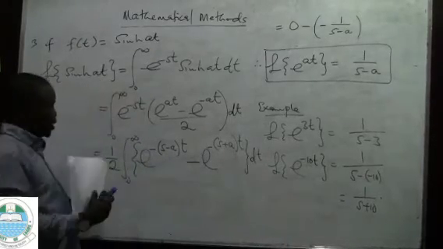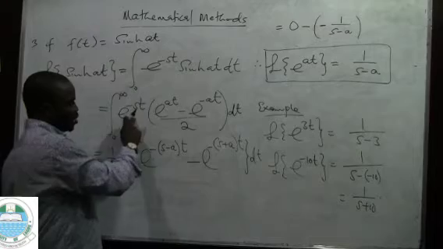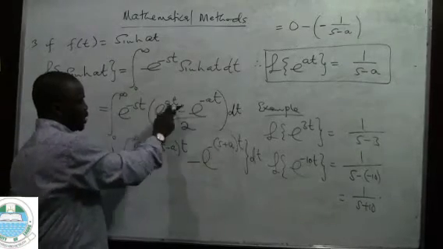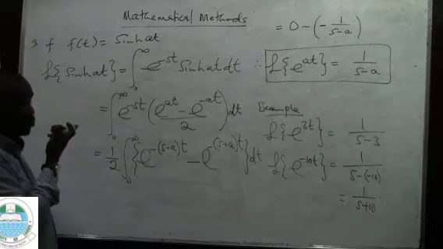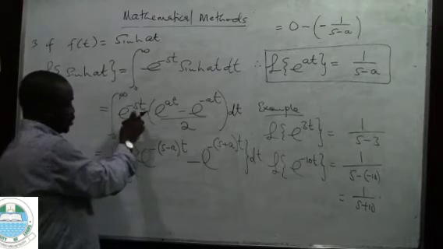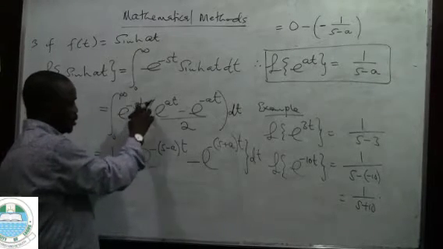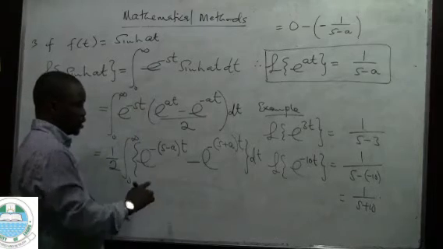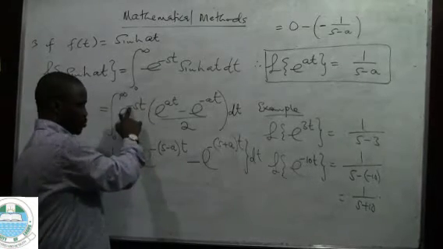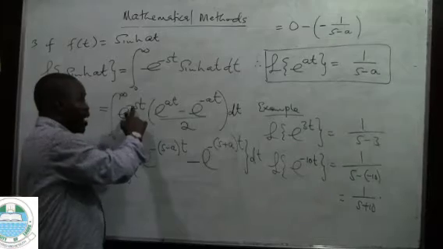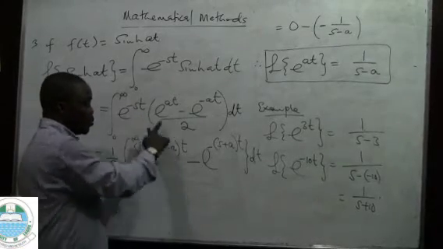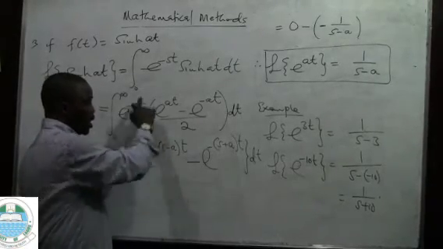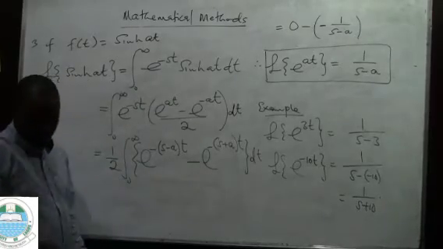What I have done here is very simple. I expanded the bracket and I applied the law of indices simultaneously. The expansion of this is exponential minus st exponential at. The law of indices holds, and do not forget, we need to retain the negative of our kernel. So now, retaining this negative makes the first expression to become this, and the second expression to become that.